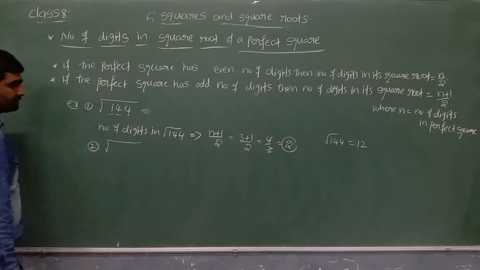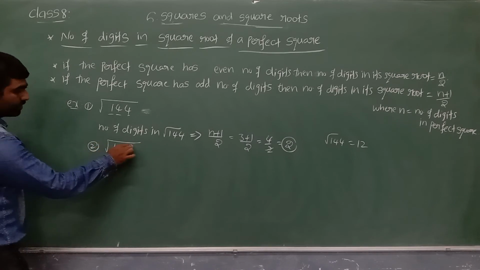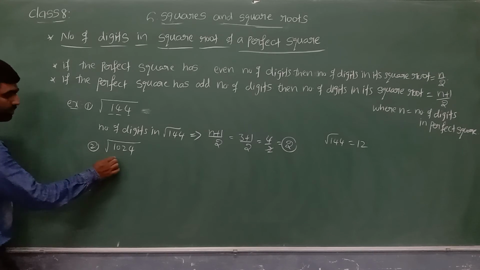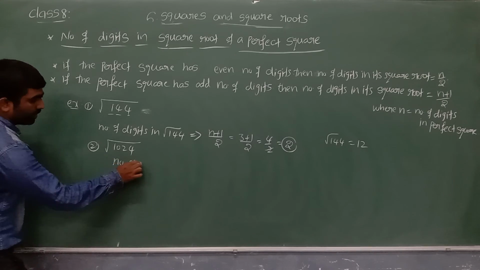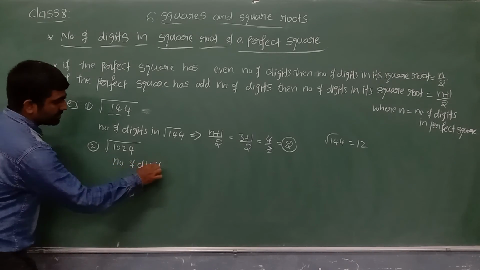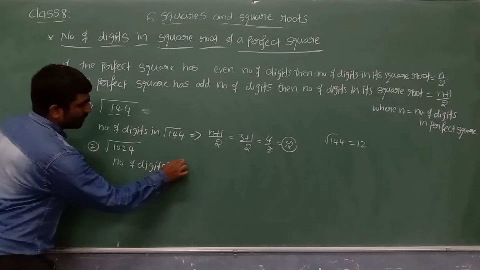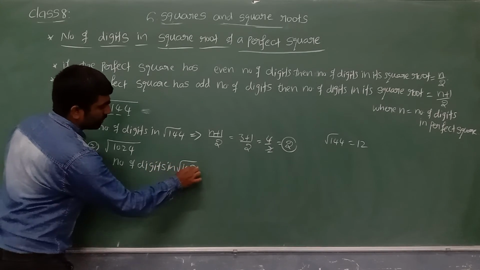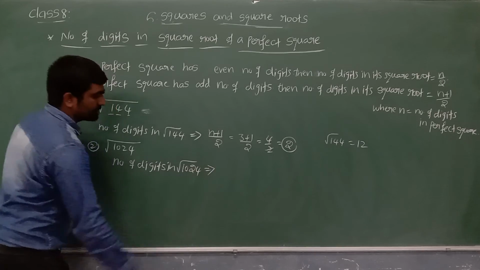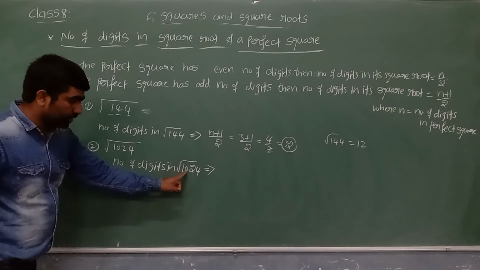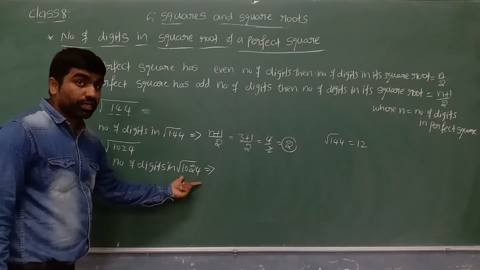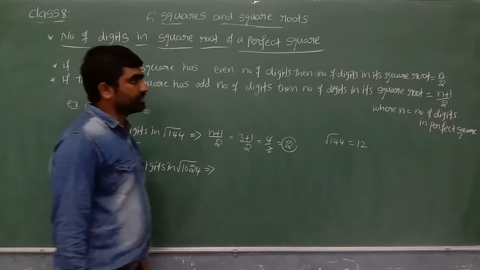The square root of 1024. How can I find the number of digits here? The number of digits in the square root of 1024 is equal to, how can I find? 1, 2, 3, 4, a perfect square which contains 4 digits.